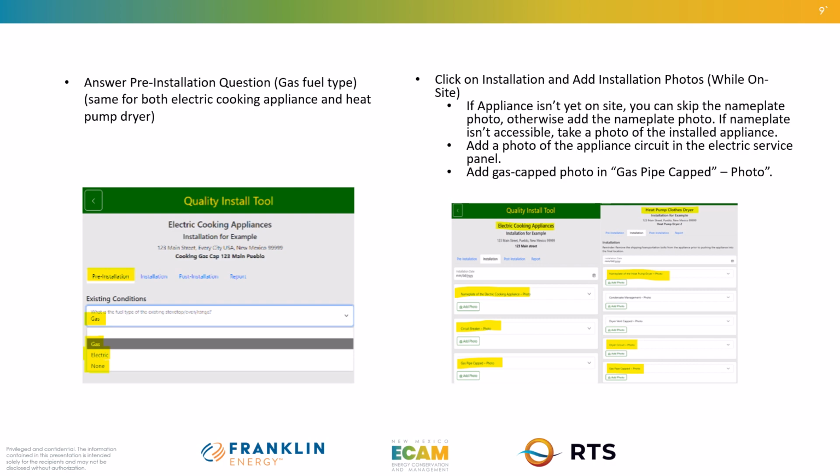Remember, this must be done while on site. If the appliance is not yet on site, you can skip the nameplate photo, otherwise you will add it. If the nameplate is not accessible, take a photo of the installed appliance. You will also add a photo of the appliance circuit in the electric service panel and a gas-capped photo in Gas Pipe Capped-Photo.